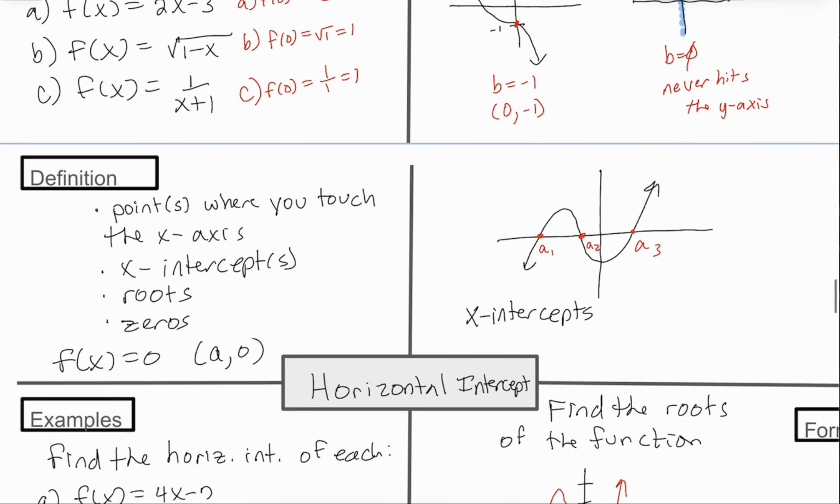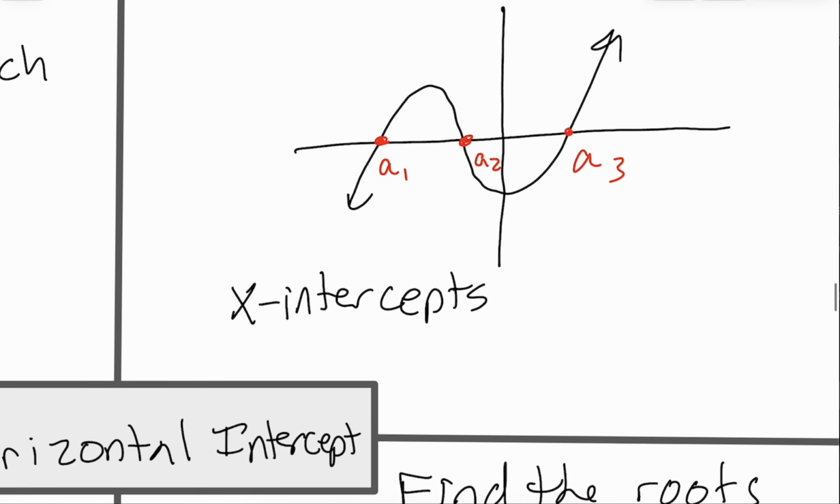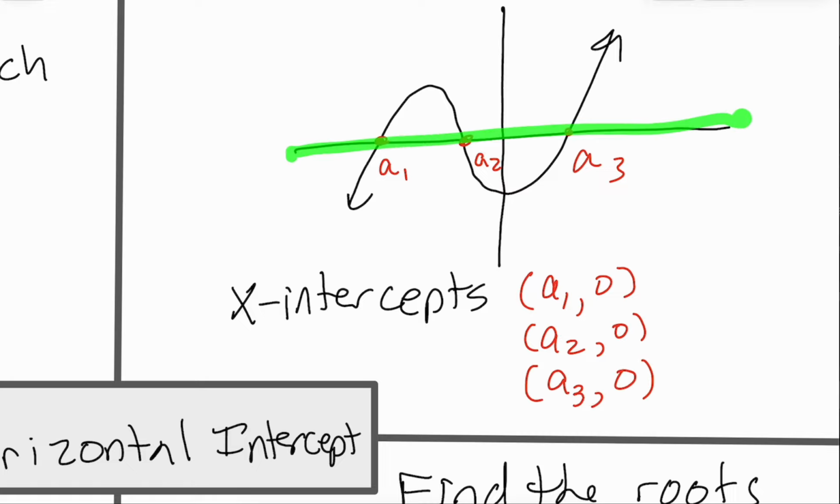Now let's look in the right corner. The x-intercepts are the 3 points we've seen here. I haven't given them values. I've just called them generic, A1, A2, and A3. So those would be the points (A1, 0), (A2, 0), and (A3, 0). So wherever it hits that x-axis is a horizontal intercept or an x-intercept.